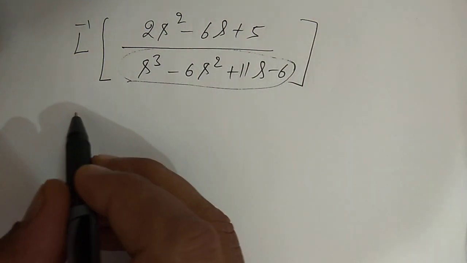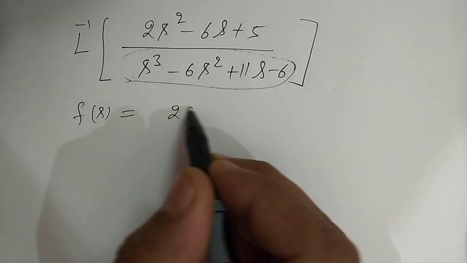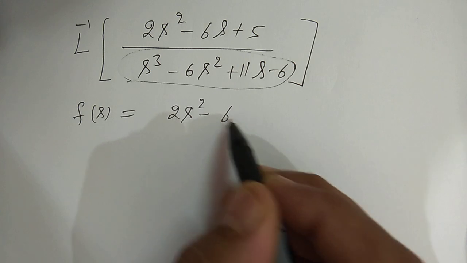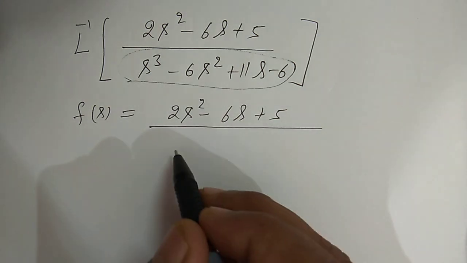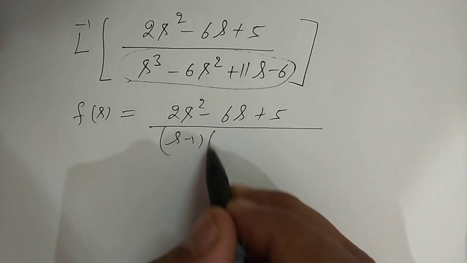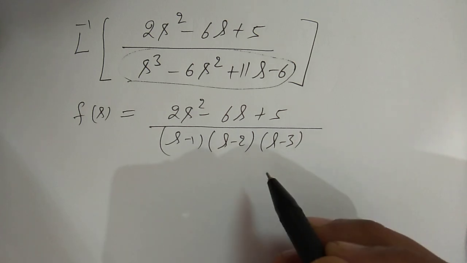So let us have F of s equal to the given function 2s square minus 6s plus 5, and if you factorize, we get s minus 1, s minus 2 and s minus 3.